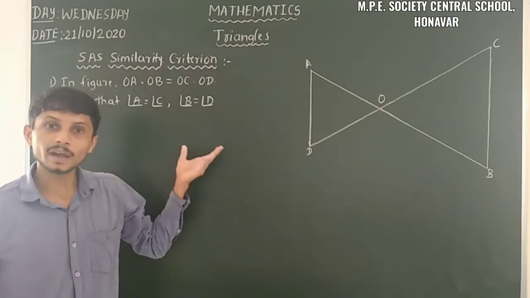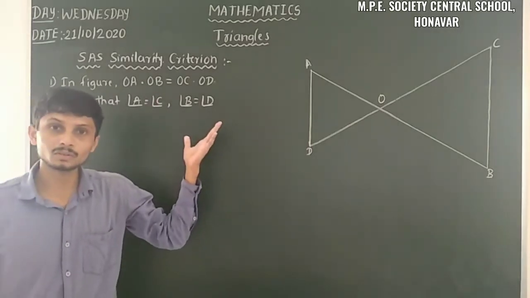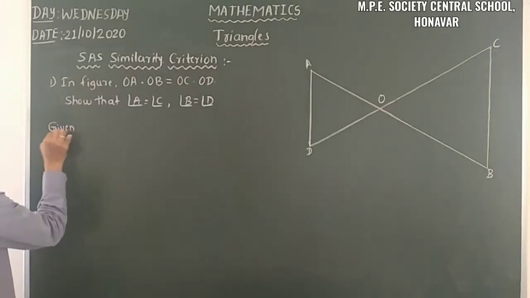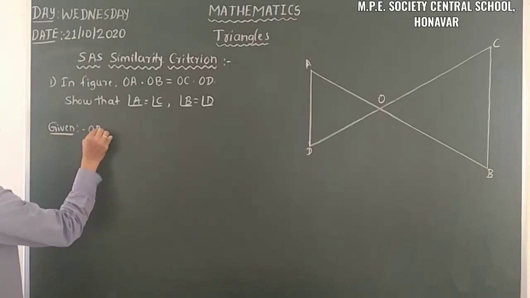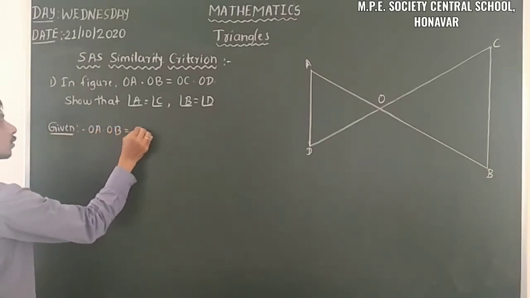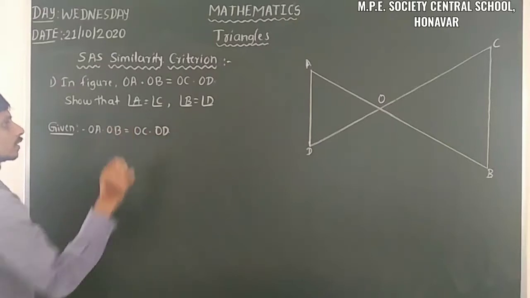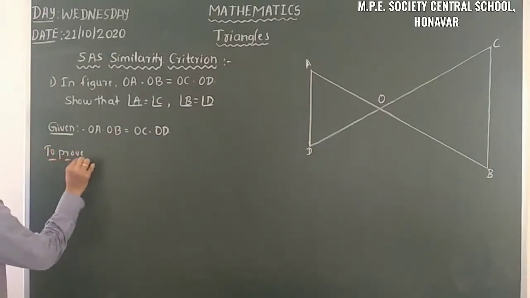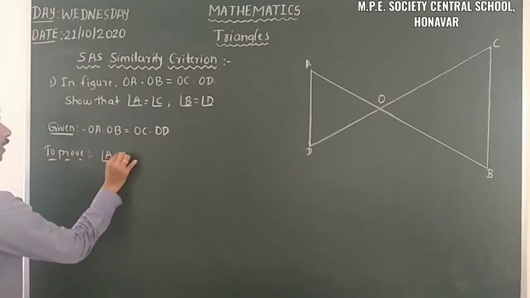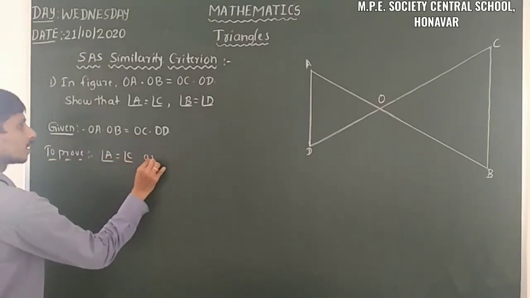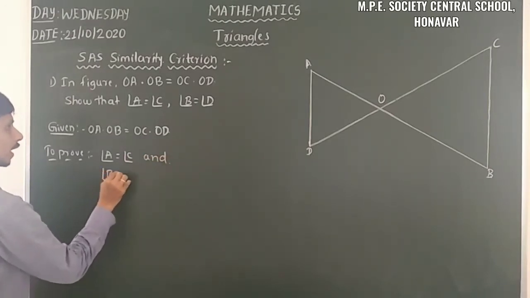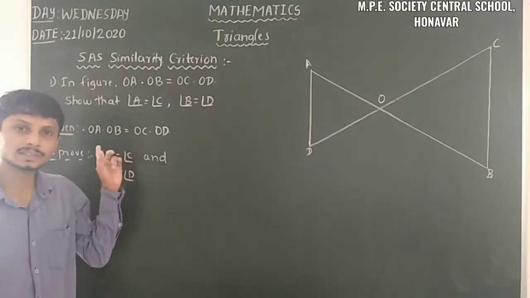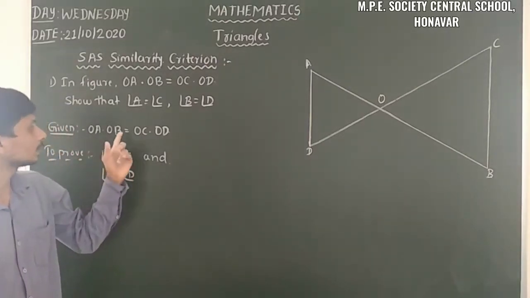So we have conditions. What are the given terms we have? Firstly we have to write the given. Here OA into OB is equal to OC into OD. Then what we have to prove here? To prove that angle A is equal to angle C and angle B is equal to angle D. So just observe, here it is a multiplication term, OA into OB, OC into OD.